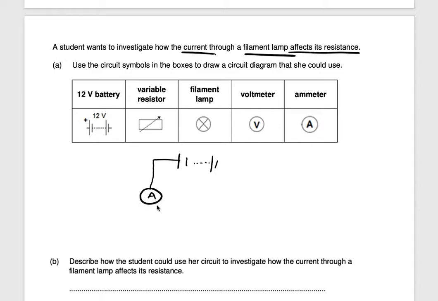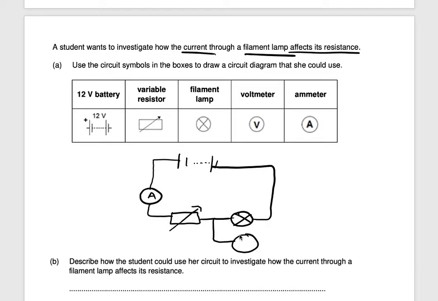Remember, that's in series, and then we have a variable resistor, which is something like this, and then we have our filament lamp, which is like this, and we close our circuit. And remember, we need to measure the voltage as well, so we're going to draw that in parallel with the filament lamp. So V there, we've drawn it in parallel. Okay, and that would be worth 2 marks.